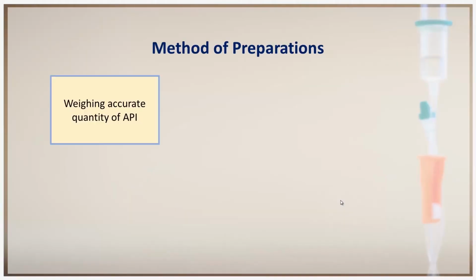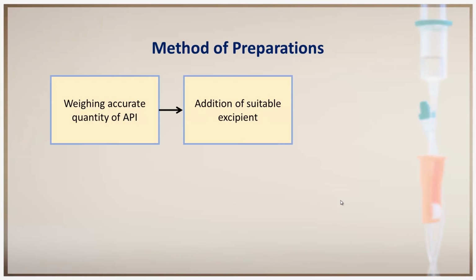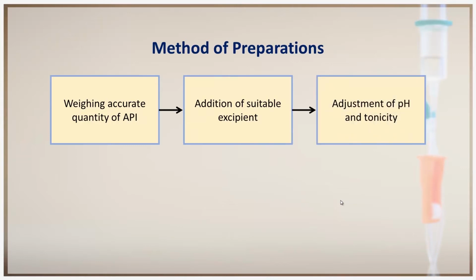The steps involved in the method of preparation are accurately weighing the quantity of active pharmaceutical ingredient, then addition of suitable excipient, and adjustment of pH and tonicity. It is very important to adjust pH and tonicity, and we have discussed in the previous module the importance of pH and tonicity for parenteral dosage form.